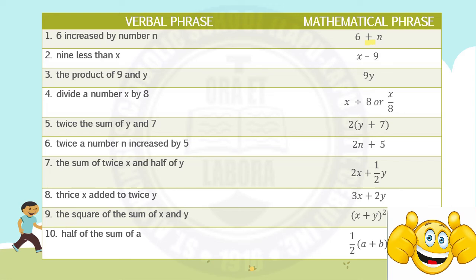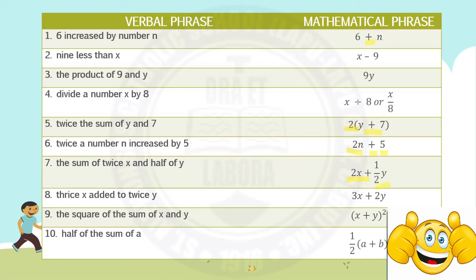Twice the sum of y and 7. Twice the sum of y plus 7. Twice a number n increased by 5. So twice the number n increased by 5. The sum of twice x and half of y. This is half of y.